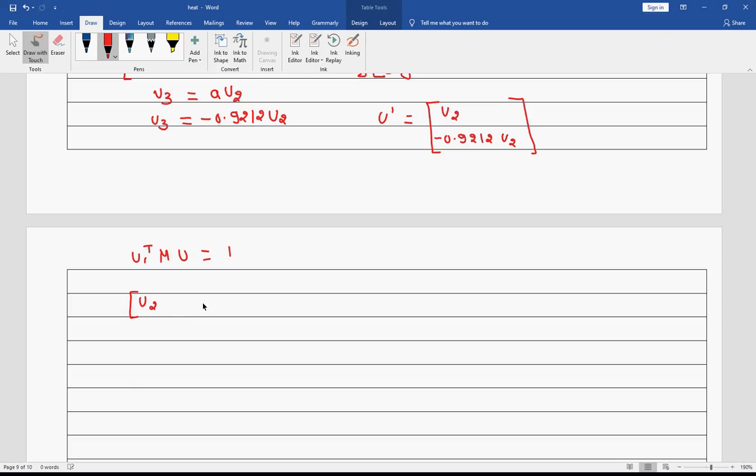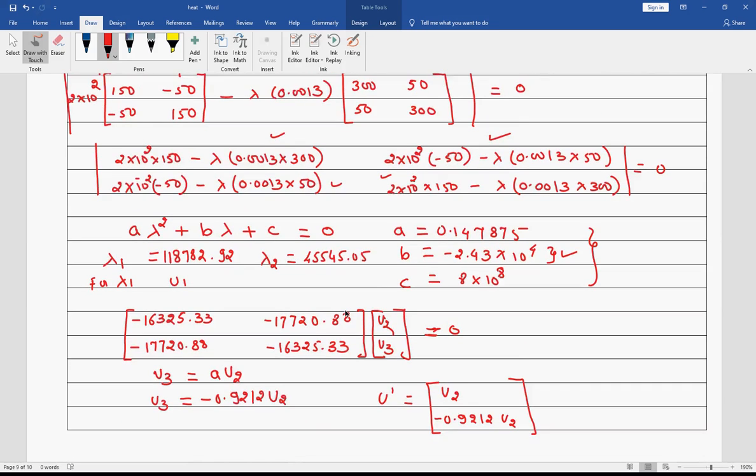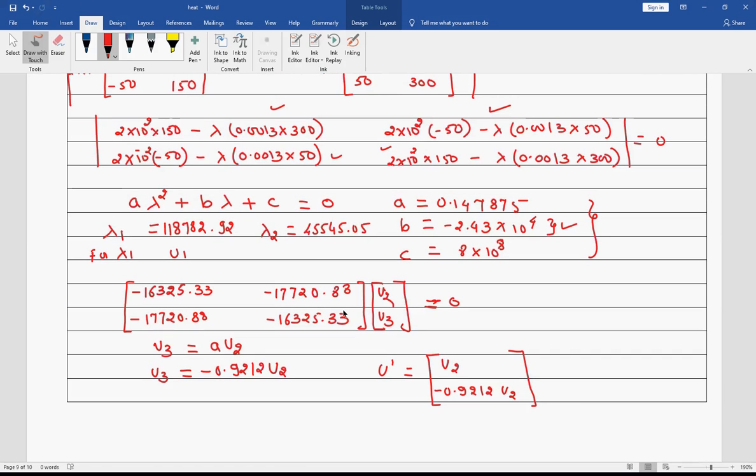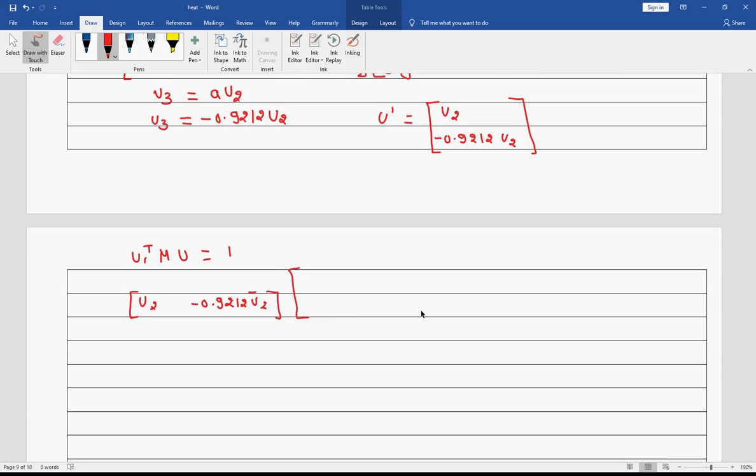So my transpose matrix is U2 minus 0.9212 U2. Okay, and then it is multiplied by my mass matrix. Mass matrix is 300, 50, 50, 300.